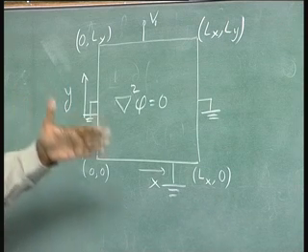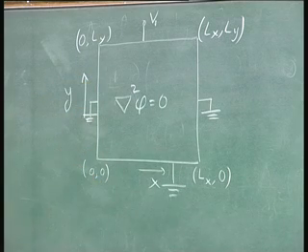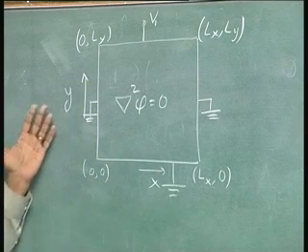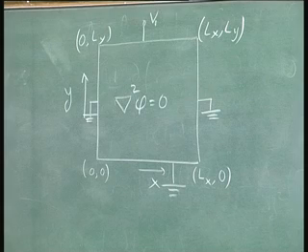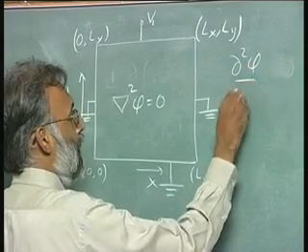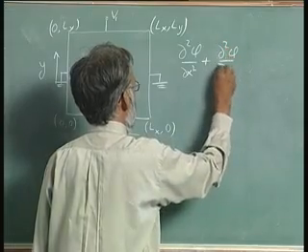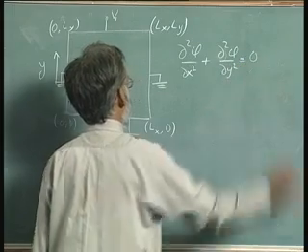It is exactly the same problem as the cylindrical problem, only changes: instead of r and z, I am talking about x and y. The equations are much simpler. I now have del squared phi by del x squared plus del squared phi by del y squared equal to 0.